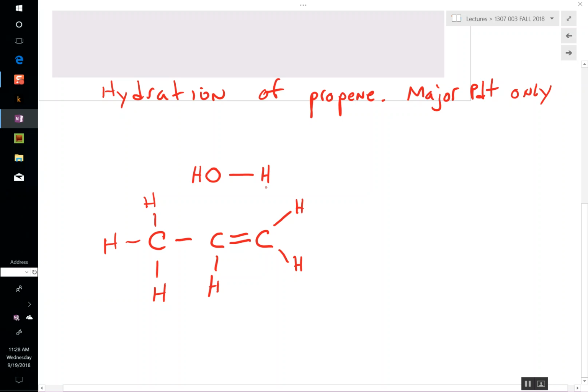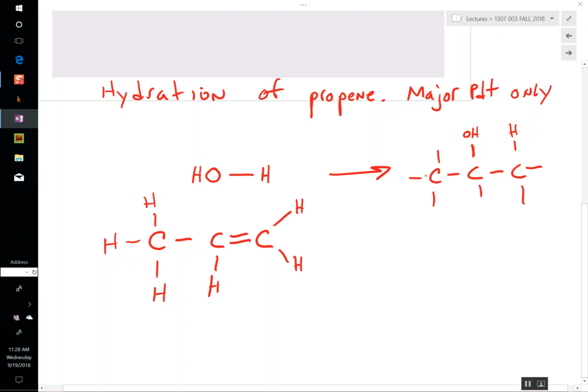So if I went this direction, I'm going to get an OH right here and a hydrogen right there. This OH is going to add to this carbon. This hydrogen is going to add to this carbon. It's going to break that bond, and we're going to have.